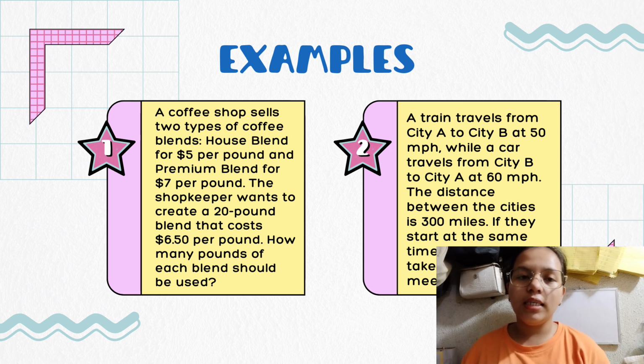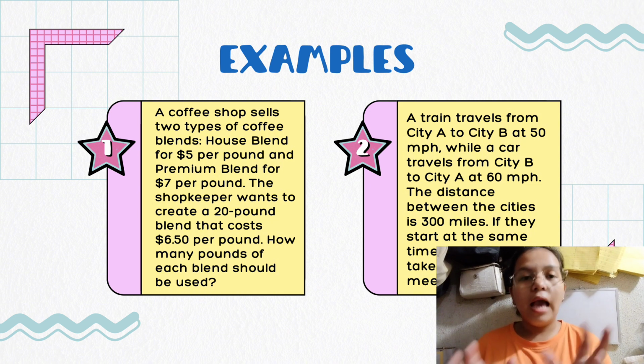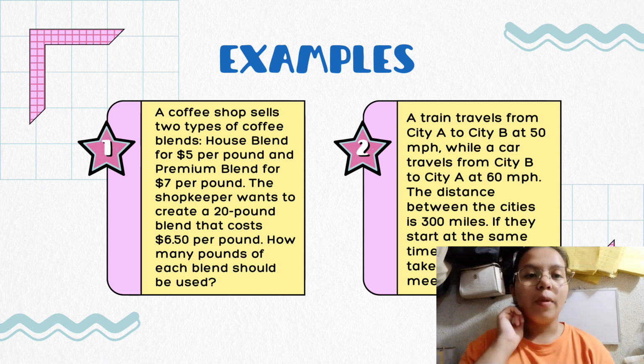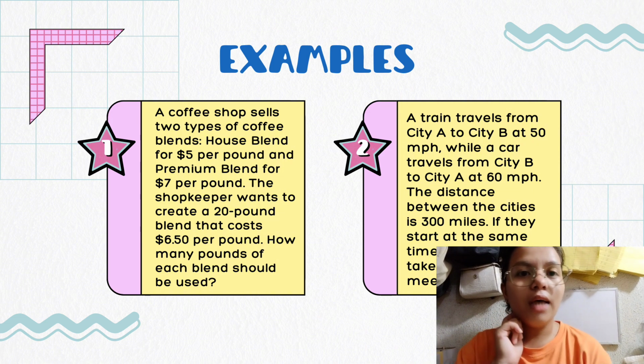Now the question is, how many pounds of each blend should be used? To understand the application in this example, let's look at our paper. This is how it should be solved.